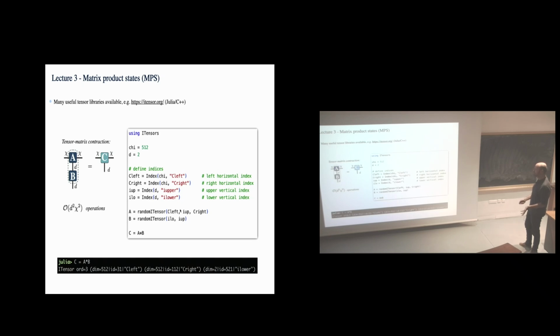Then I define my tensors from these indices, and I can just do something like this, and it will contract over the indices which are the same. That helps a lot to write this type of code that I will introduce later. Okay, I said there are many of these tensor libraries out there.